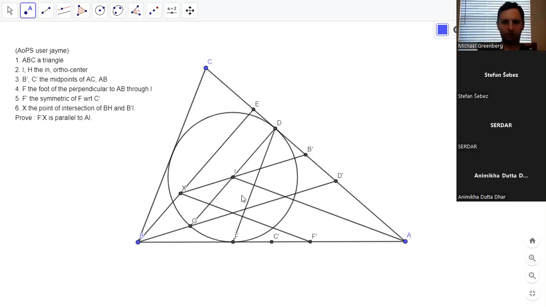Let's see. Maybe we could use projective geometry. We know C prime is the midpoint of those two.